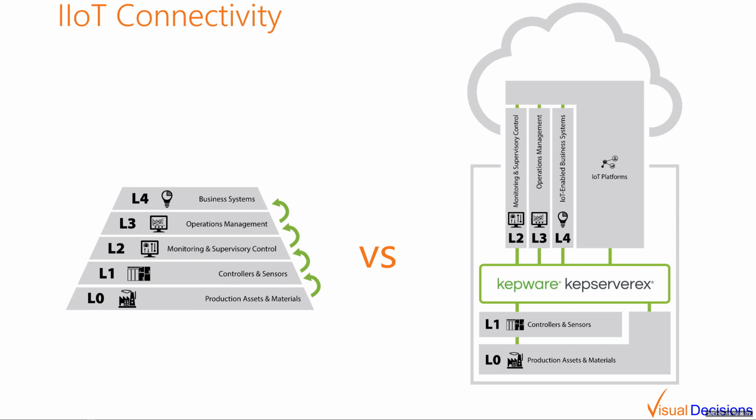If you have Kepware and KEPServer implemented, then you can use that to abstract the different machines and different controllers from the shop floor, and connect Kepware directly to those higher level systems to provide that information to those on a much, much easier to manage basis.